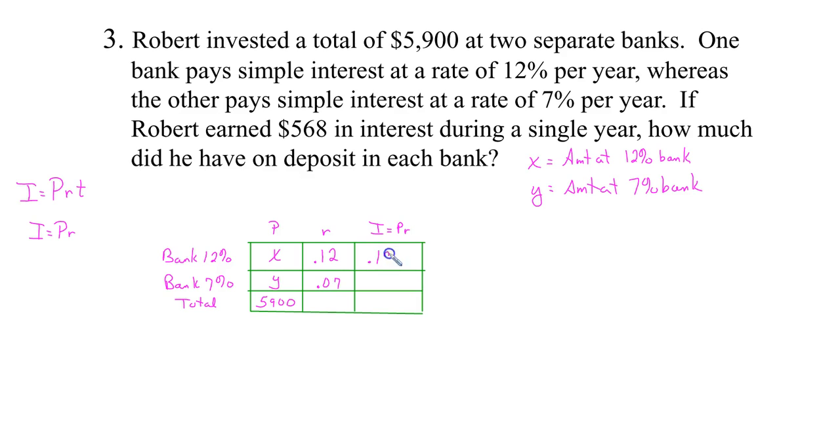Well, it's the principal times the rate. The interest at 7% is the principal times the rate. The interest for the total amount, you got it, it is $568. So we're going to write 568.